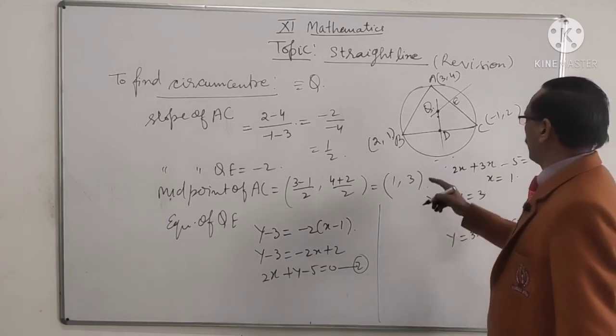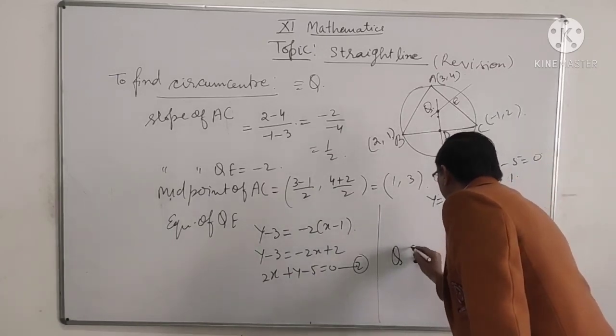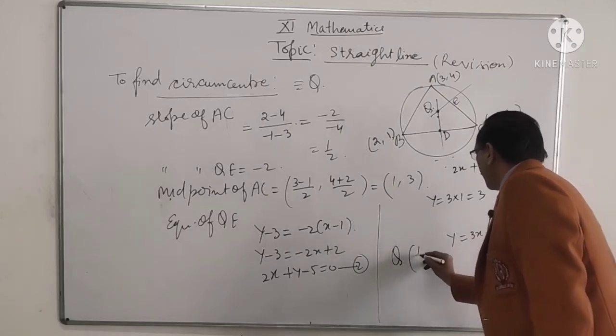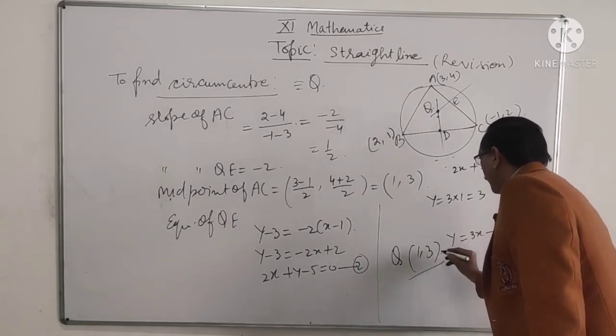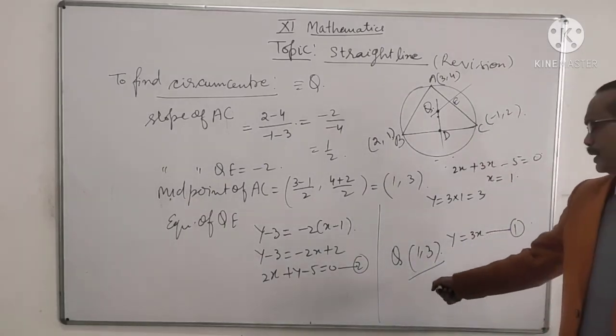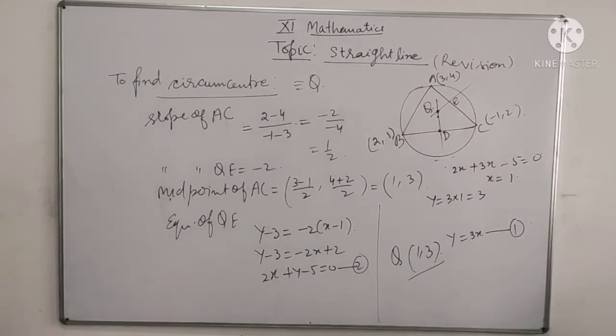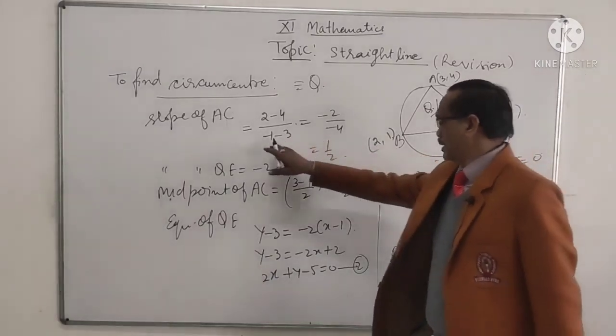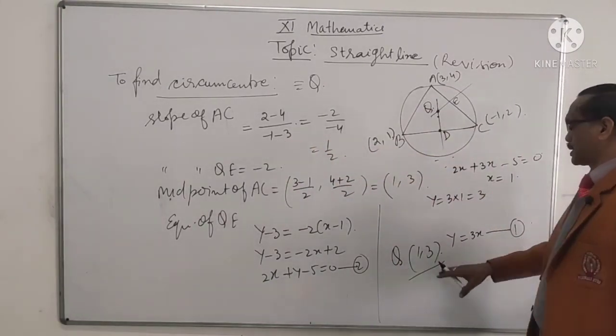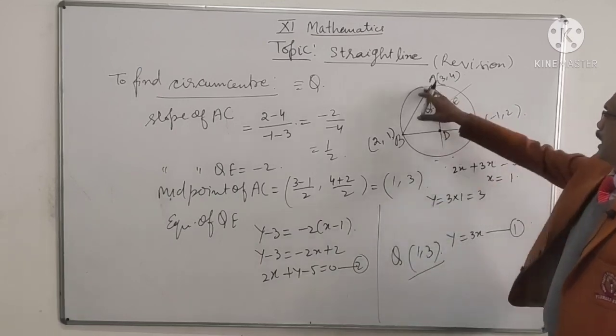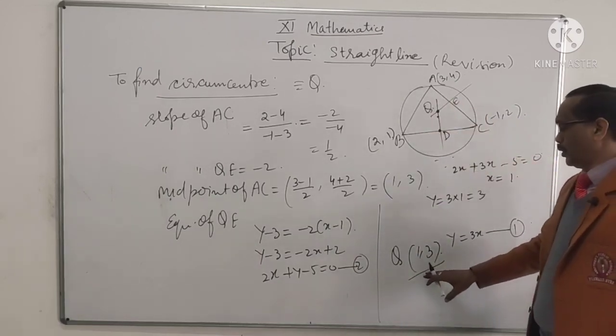So the coordinate of Q is 1 comma 3. No, sorry, it is the circumcenter. Circumcenter of triangle ABC is Q(1, 3).